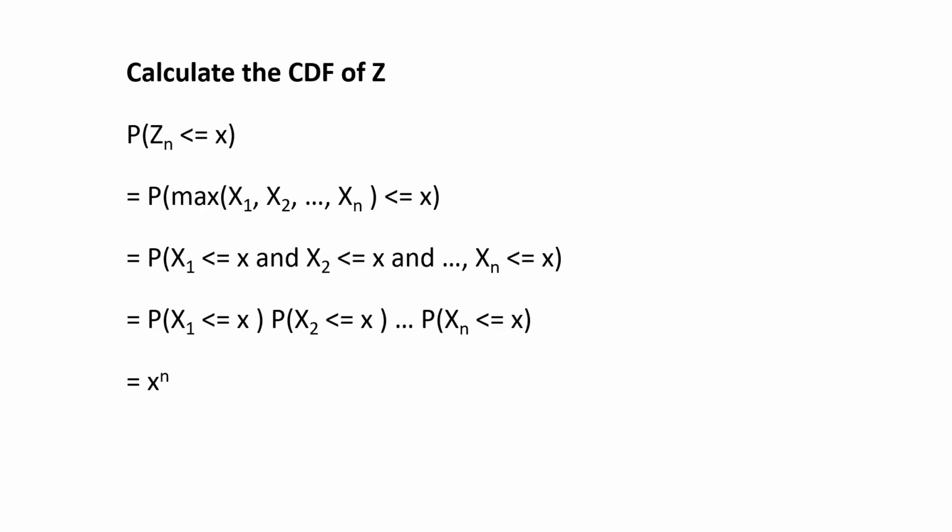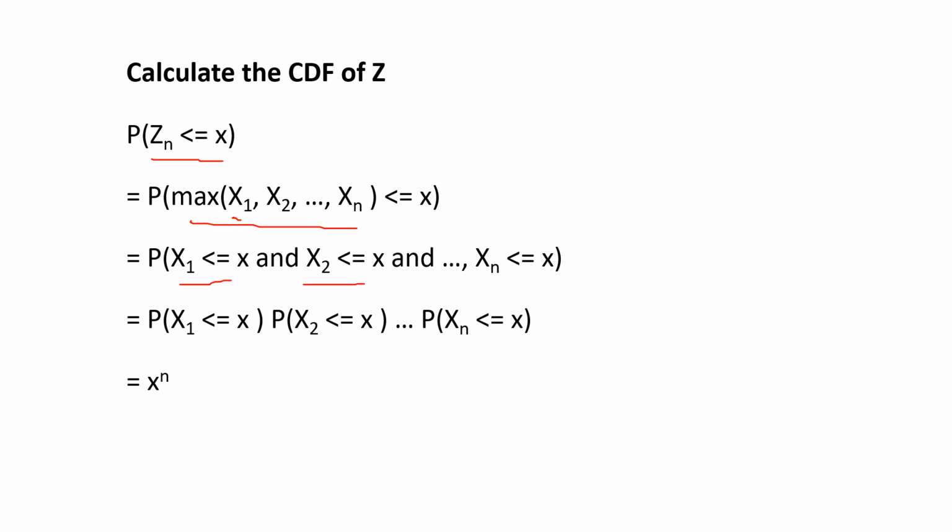The CDF is defined as the probability that the random variable is less than or equal to x. Now since we are solving for a general case, Z is the maximum of the n uniform random variables. So we replace Zn with the maximum of x1, x2 till xn being less than or equal to x. If the maximum of x1, x2 up till xn is less than or equal to x, it means that each of x1, x2 is less than or equal to x.